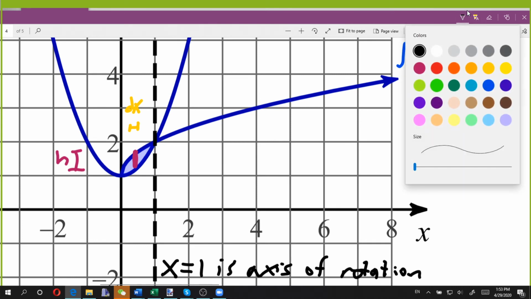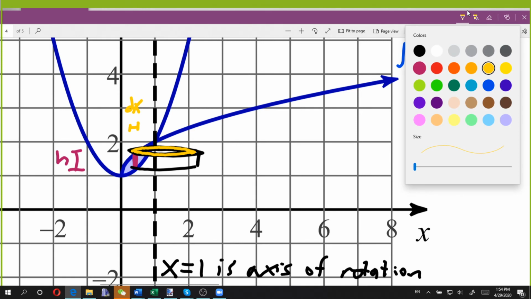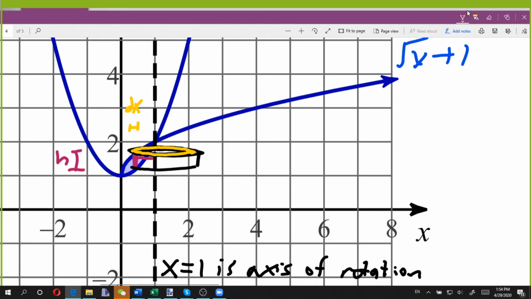I have to make this smaller. Oh, it's as small as I can go. Just exaggerate a little bit. Then we'll create our shell. So that shell has an infinitely small change in x, as well as the height that we just spun around.